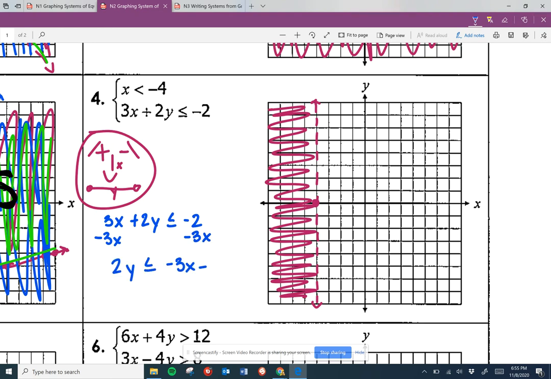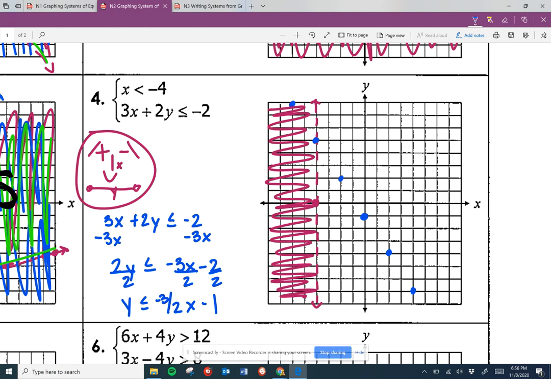Okay, and then the less than is shaded below. So we are going to be shading everything that is below this graph. Okay, so as you can see, we are looking at just the double shaded. So all of this and then up right here, that is going to be what is included in our solution.